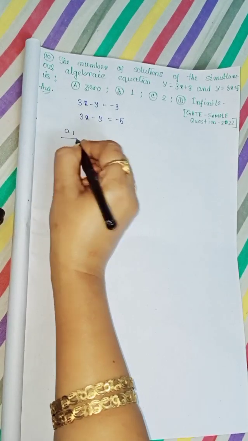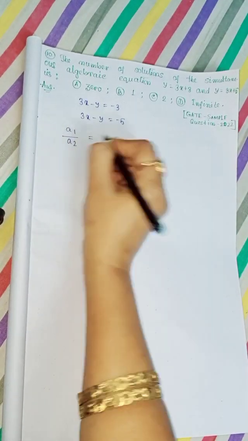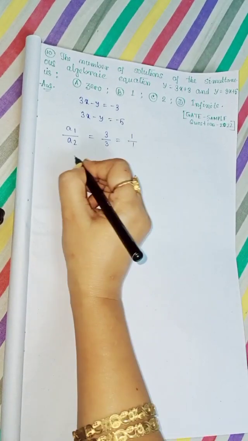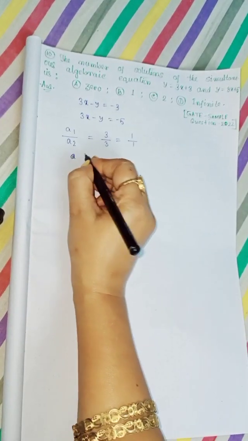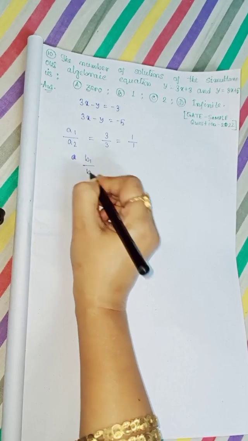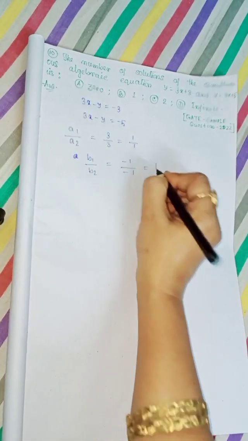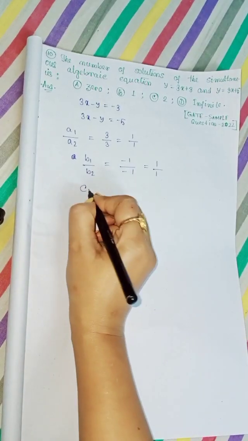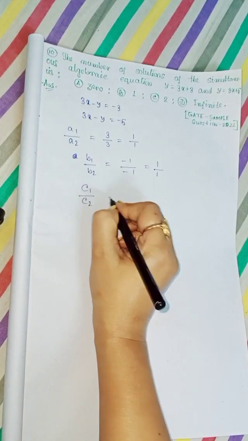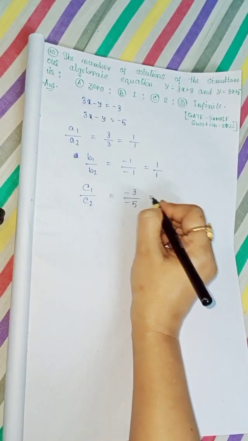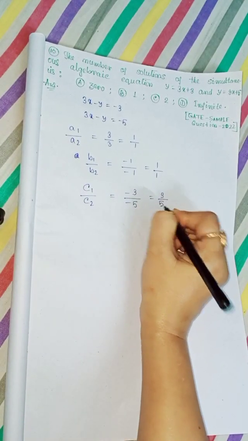Now we know a1 by a2 is equal to 3 by 3, that is equal to 1 by 1, and b1 by b2 is equal to minus 1 by minus 1, that is equal to 1 by 1, and c1 by c2 is equal to minus 3 by minus 5. So that is equal to 3 by 5.